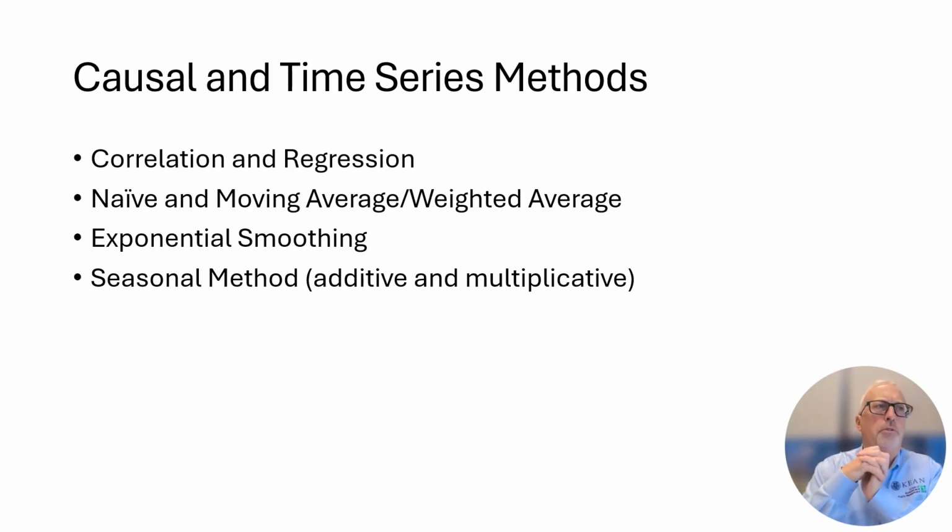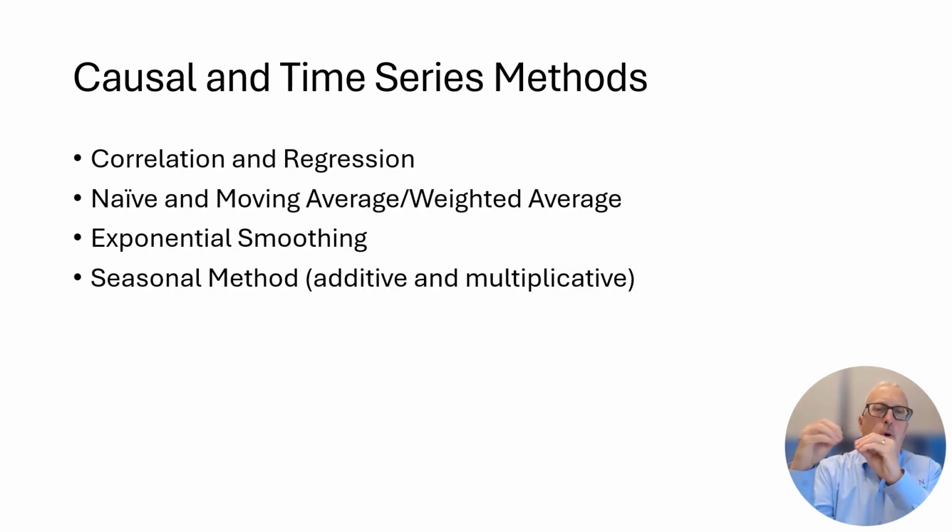Seasonal methods, they come in two flavors, additive and multiplicative. And what you essentially do is you look at your last 12 months and you calculate the average of those 12 months. And then you figure out the difference between each month's actual and the average. And you can either use that as an additive and just say, well, in May it was plus 30, so just add 30 every May. Or in June it was plus 60 and add 60 every June.